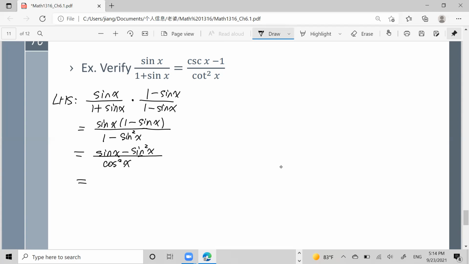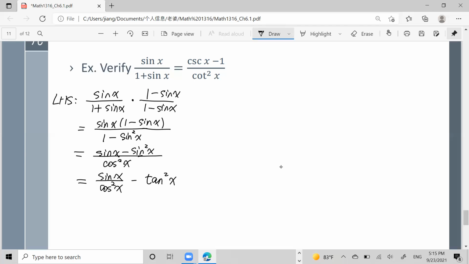So it doesn't matter that the expression here is very complex, because we just want to show left-hand side equals right-hand side. So split it with the same denominator. So sine x over cosine x squared minus sine x squared over cosine x squared. Sine over cosine is tangent, so tangent squared of x.